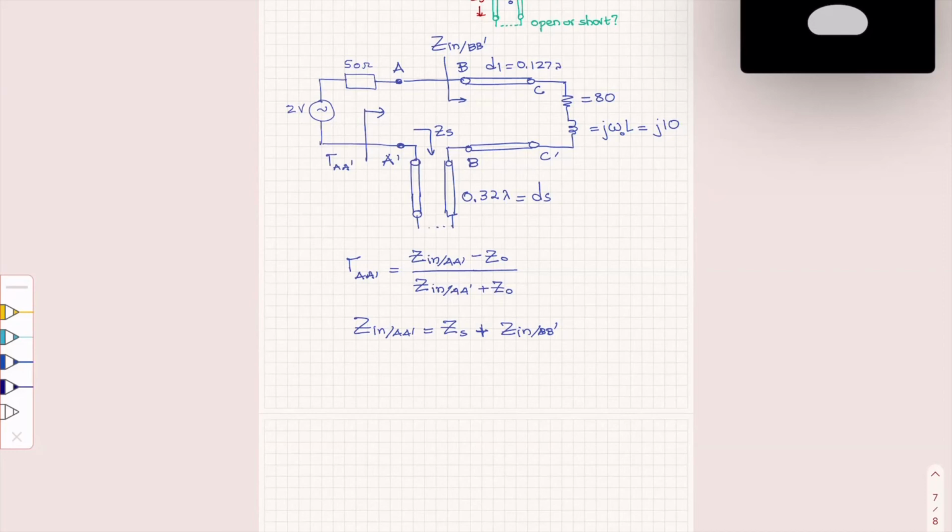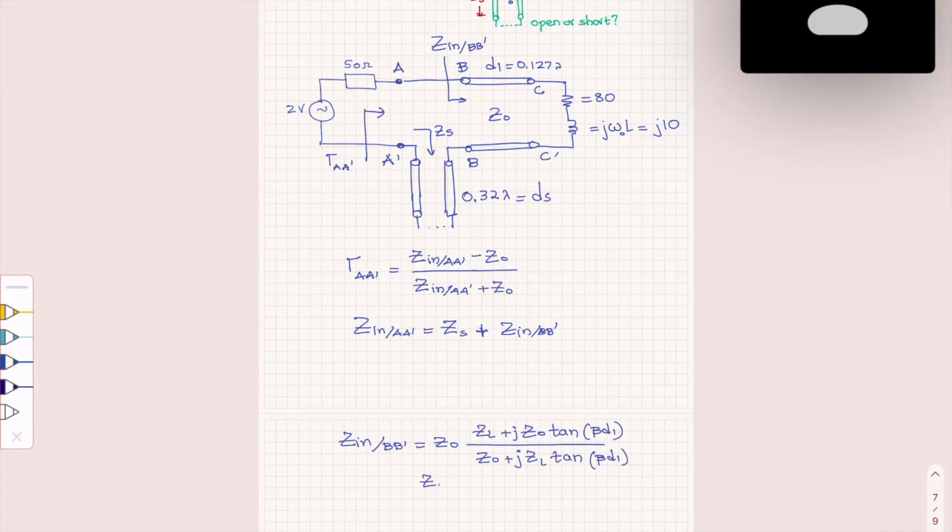So how much is Z input at BB prime? I have a section of a line which is D1 with a characteristic impedance Z naught. And therefore, this one is going to be Z naught times ZL plus J Z naught tangent of beta D1 over Z naught plus J ZL tangent of beta D1.